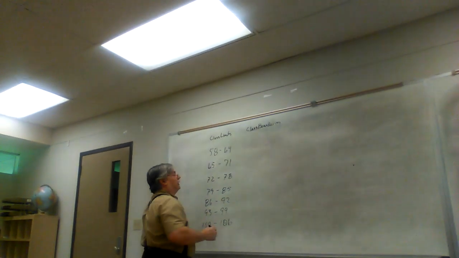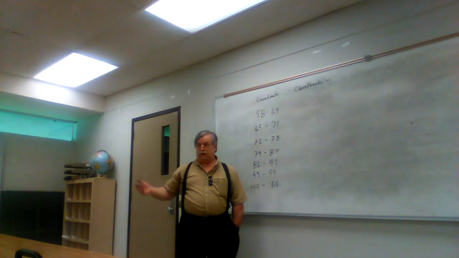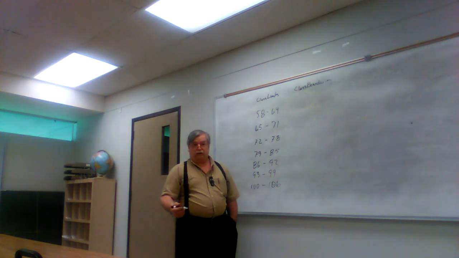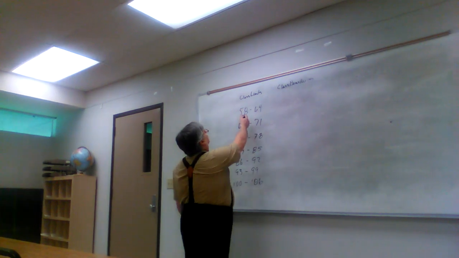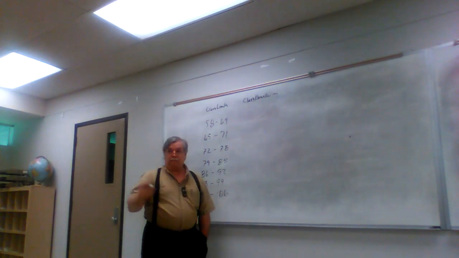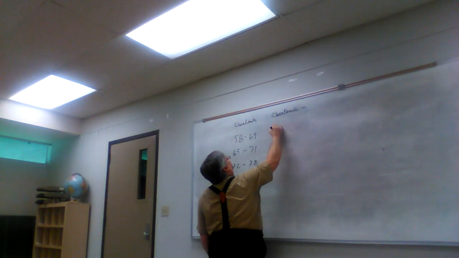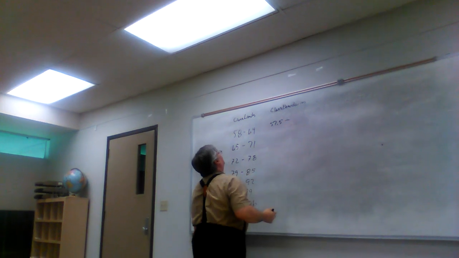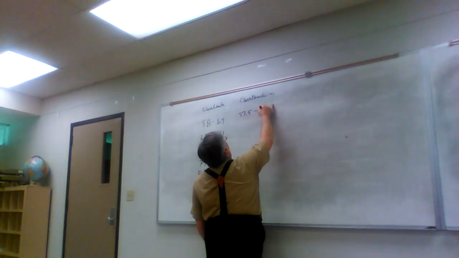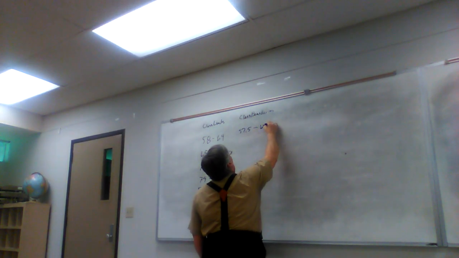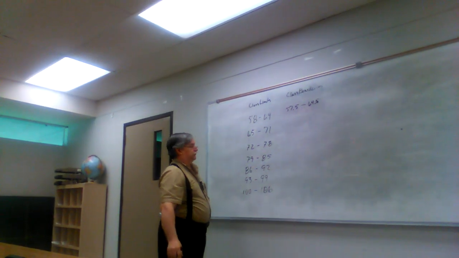Now, that means you go one additional decimal place. In this case, we started off with integers, so you add one decimal place and go up and down by 5. 58 minus 0.5 would be a class boundary of 57.5, and 64 plus 0.5 gives you 64.5. Now, what's the next class boundary?